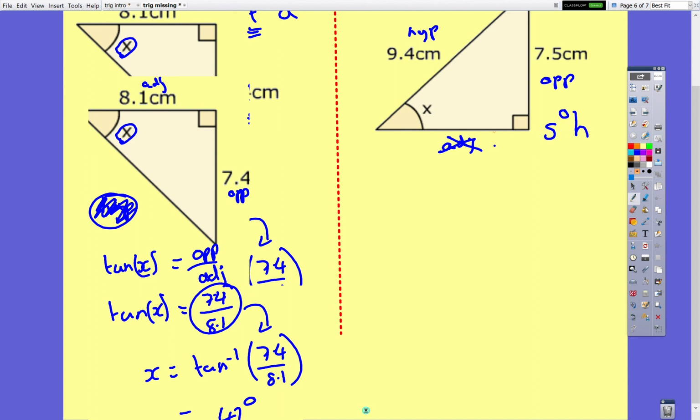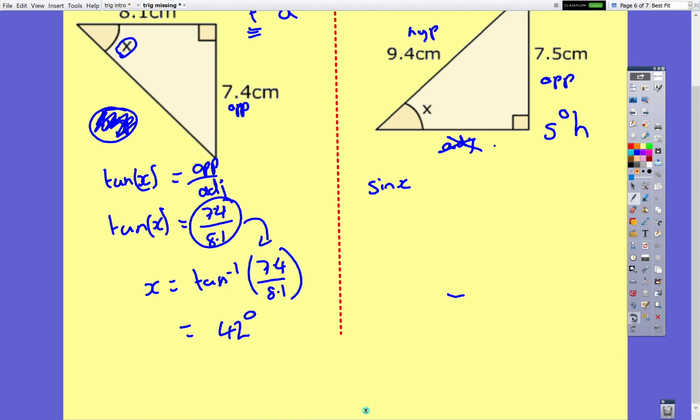Now that I've got that, we start off with the letter, which is sin x equals, just going to put my brackets in, my opposite over my hypotenuse. Fill in those gaps: opposite is 7.5 over my hypotenuse, which is 9.4.